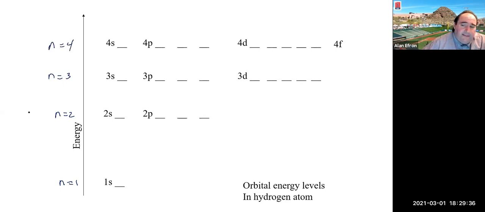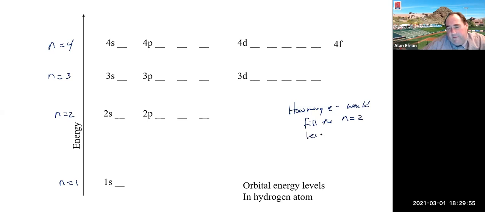And as I was just mentioning, we should talk about some terminology. Let's say I ask, how many electrons would fill the n equals 2 level or shell? Take a second and think about what you think that might be.